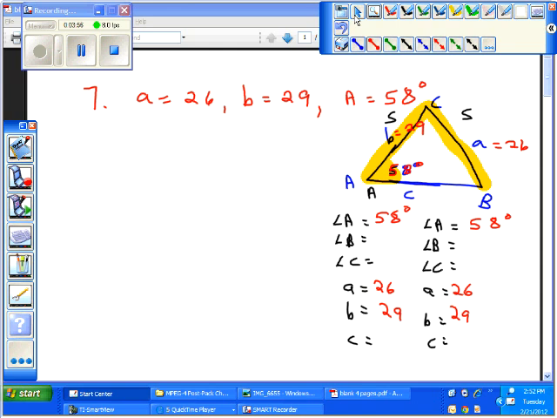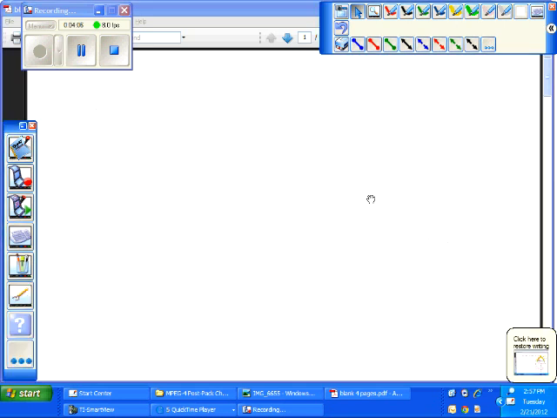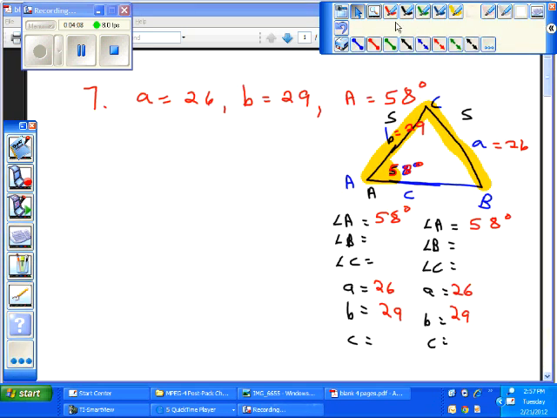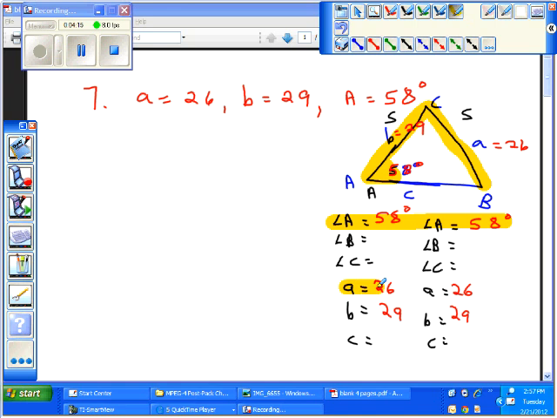There could be 0 solutions, 1 solution, or 2 solutions. Regardless, what we're given is not going to change. And so we were given that angle A was 58 degrees. Little a is 26 and little b is 29.